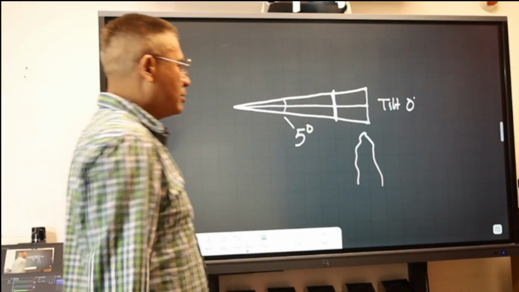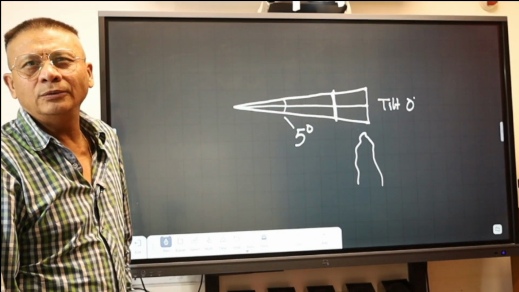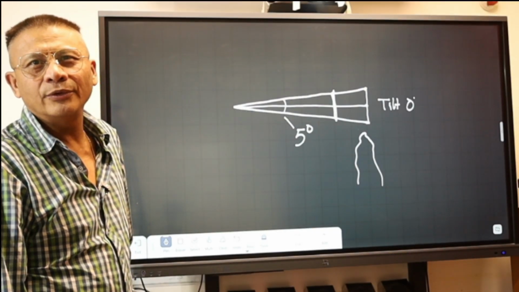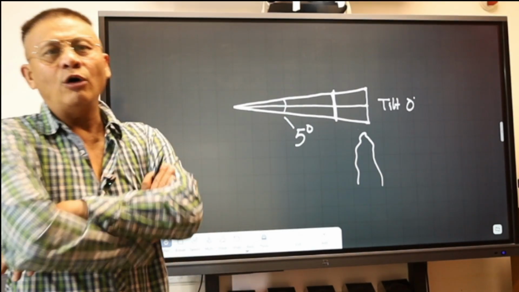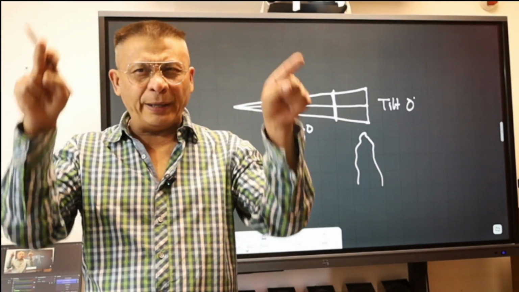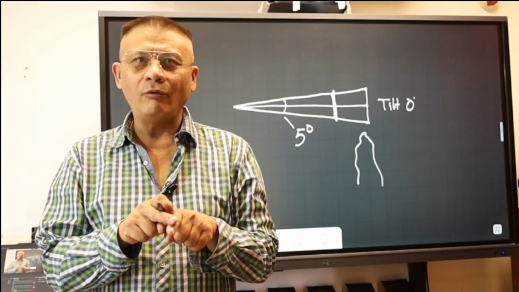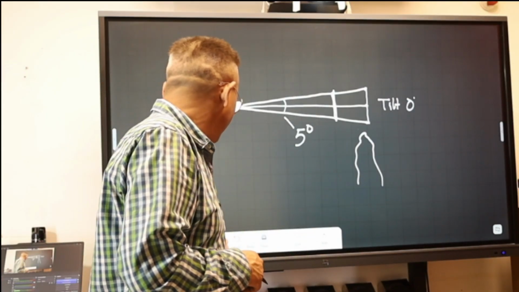Now if I have a particular cloud at a particular distance, is my wave touching the cloud? Will there be any reflection from this cloud? There will be no reflection from the cloud, so there will be no pickup on the weather radar. So the weather radar will look blank like this.